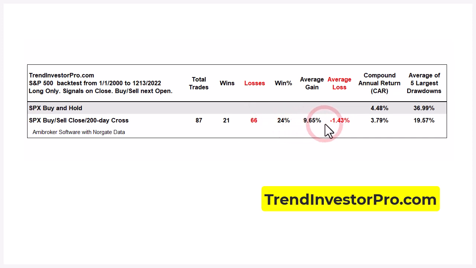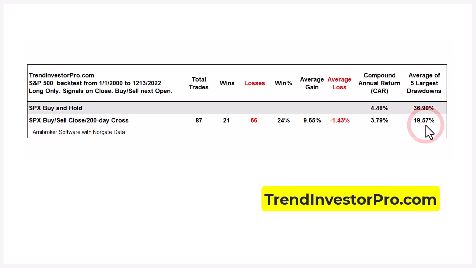Average gain 9.65, average loss 1.43. That's okay, but still too many losses and a low win rate. The compound annual return is less than buy and hold, 3.79%. But, and this is the benefit of using these kinds of indicators, the drawdown is seriously reduced. It's just below 20%, and so you're going through a lot less pain.